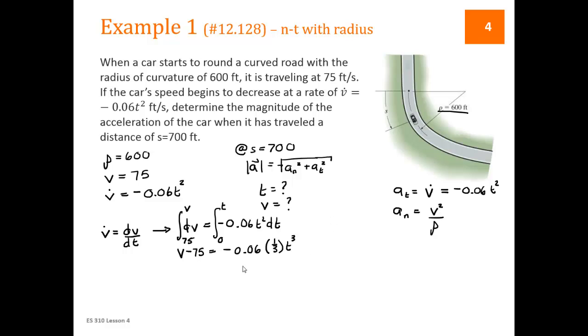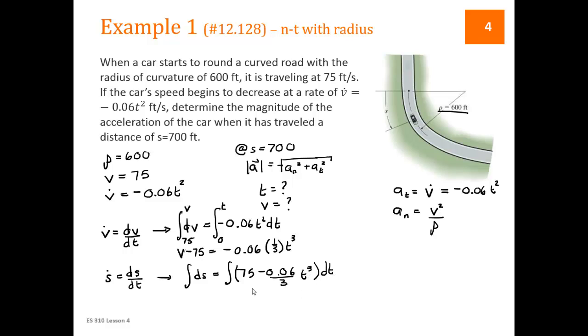Now we take another integral, because s dot is equal to ds/dt, and we know information about s. So we've got the integral of ds is equal to the integral of the expression we just got for v dt. So 75 minus 0.06 over 3 t cubed dt.